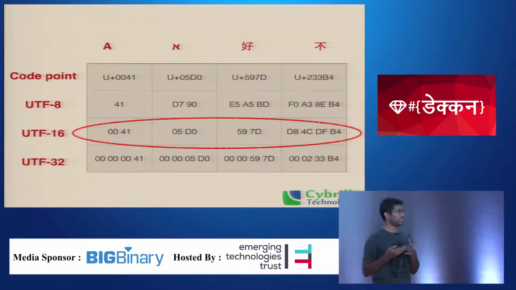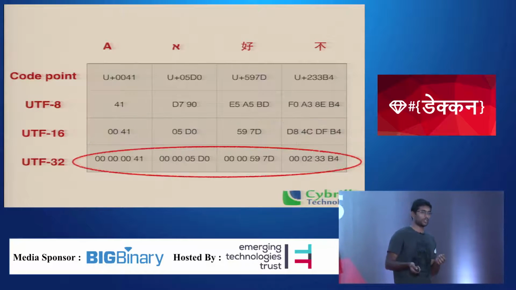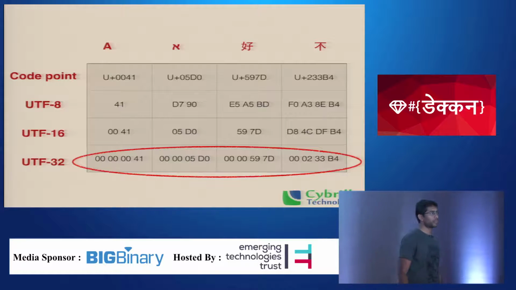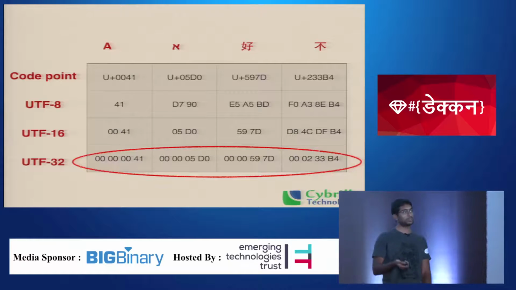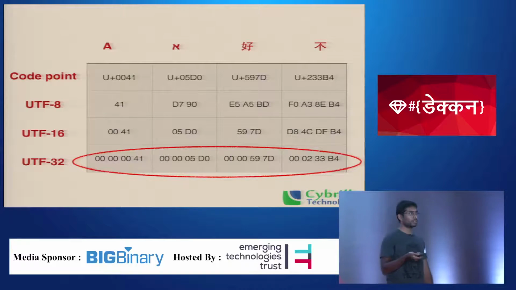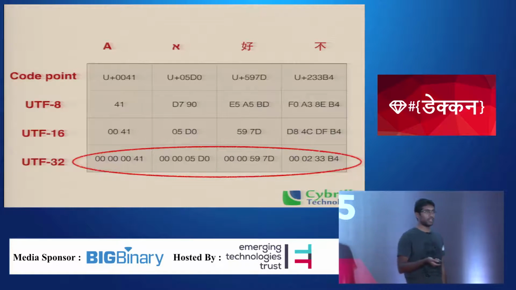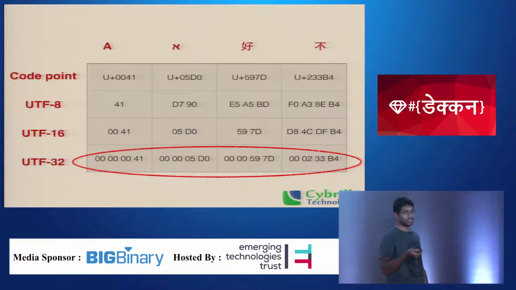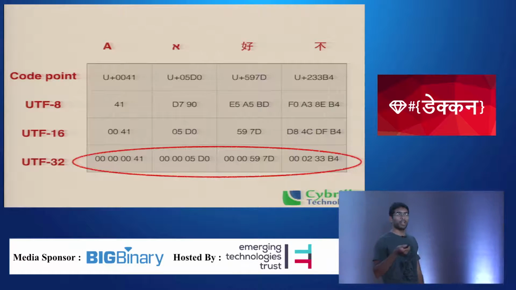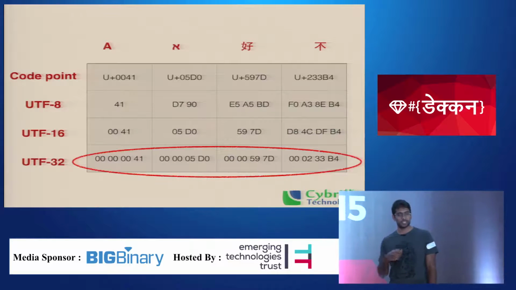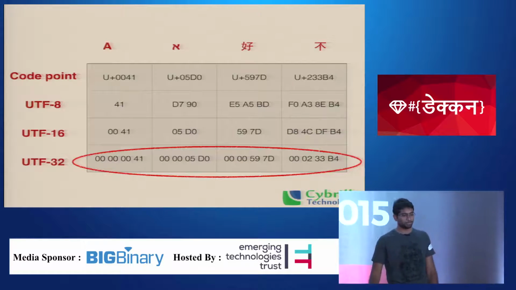UTF-32 says, don't worry about all that, I'll store everything in 4 bytes. There are pros and cons. Nobody prefers UTF-32, especially English-speaking people, because content that takes 2 bytes in UTF-16 takes 4 times the memory and hard disk in UTF-32. That's the reason nobody prefers UTF-32.